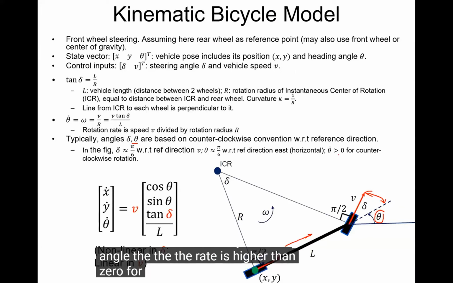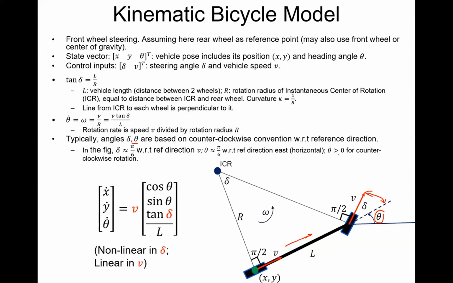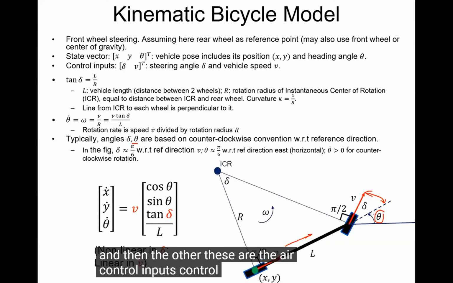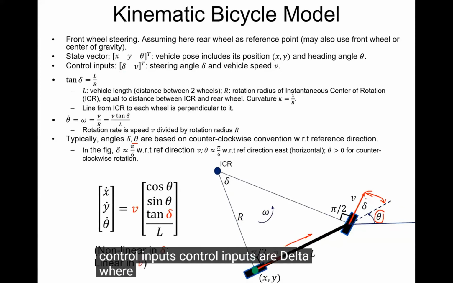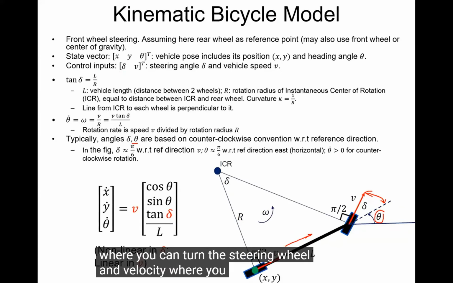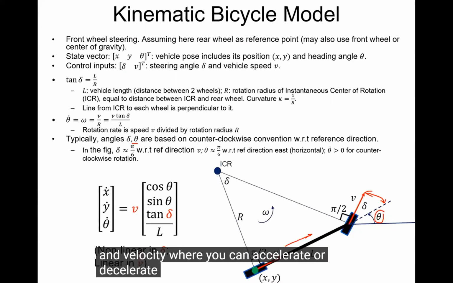the rate is higher than 0 for clockwise rotation. And then these are the control inputs. Control inputs are delta, where you can turn the steering wheel, and velocity, where you can accelerate or decelerate.